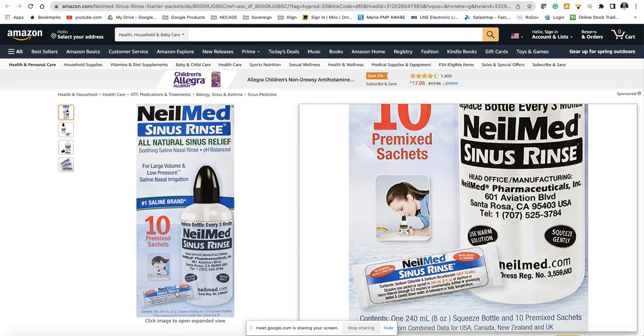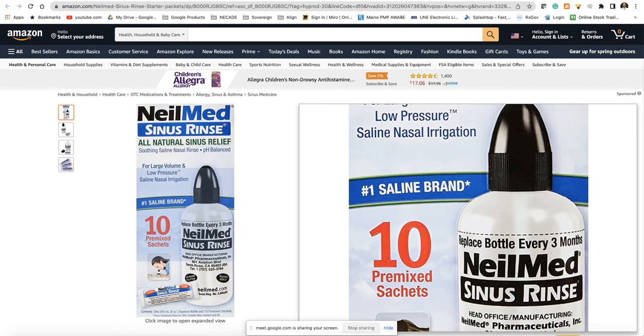I don't know if you've ever gotten water up your nose when you're in a lake and it burns like hell. That's always happened to me, but I never really understood why. The pH of water is very different than the pH requirements of the nasal mucosa, and it ends up burning. So this little packet here has some salts that produces a pH that's very comforting for the nose.